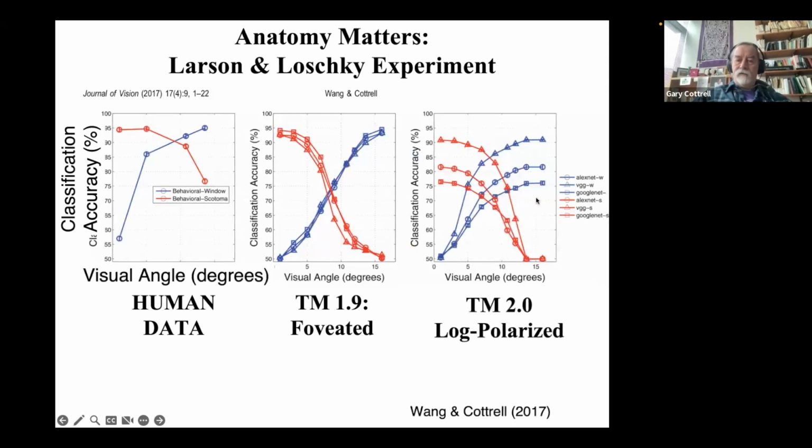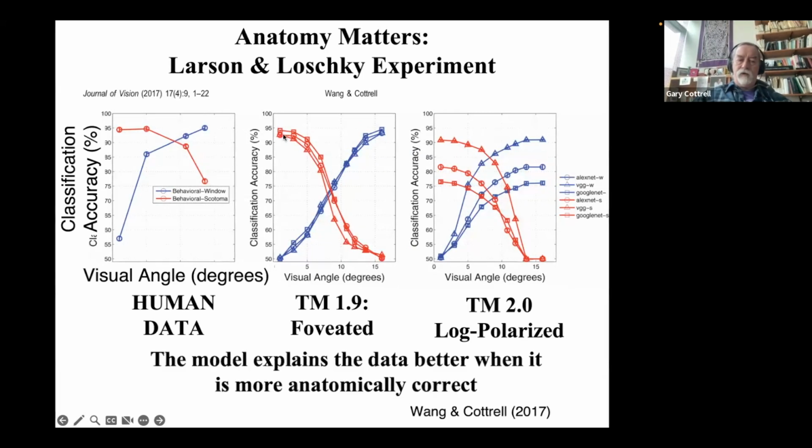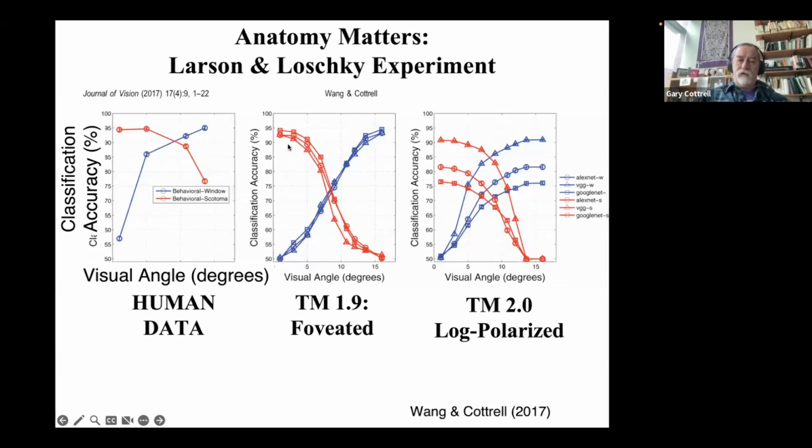And in this case, it turns out that VGGNet adapts to the log polar representation better than the other two. So I like to look at these curves, the top ones here, and notice the difference between this representation and this one. This stays high for a long time, whereas this one drops like a stone.